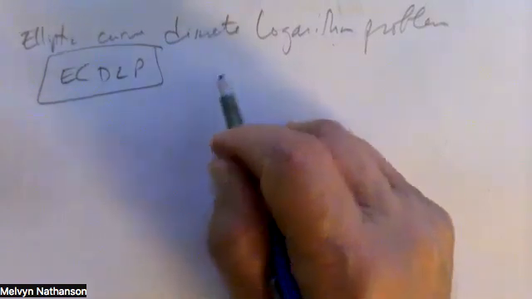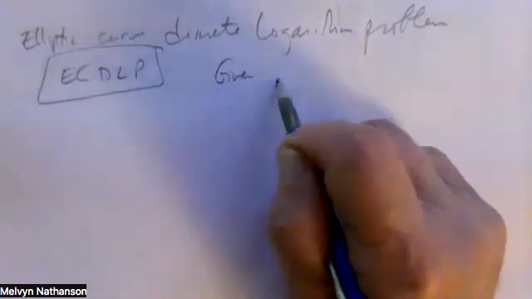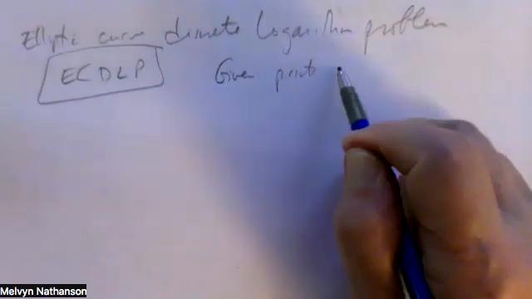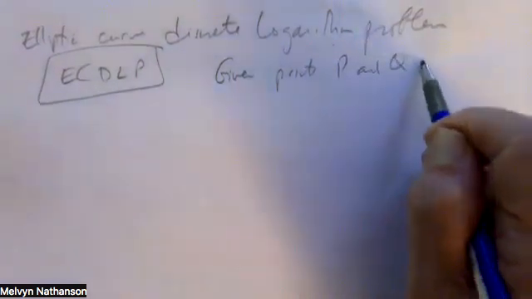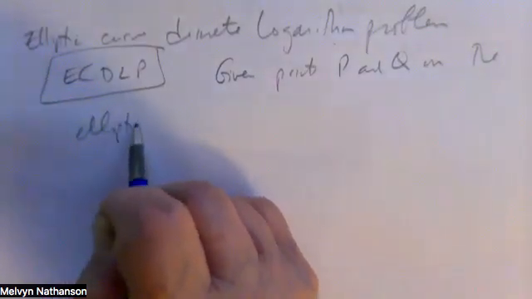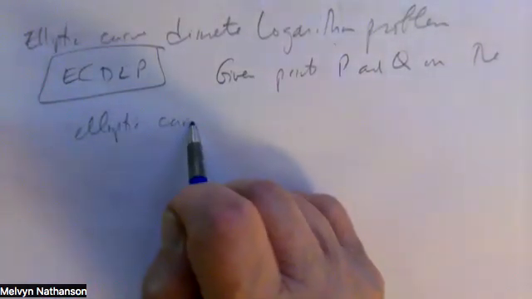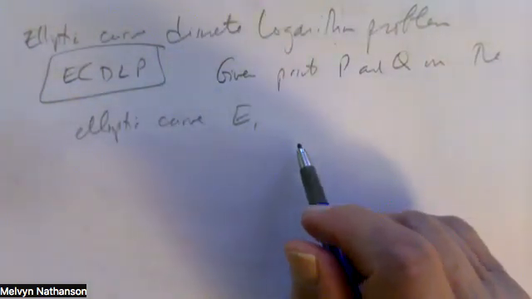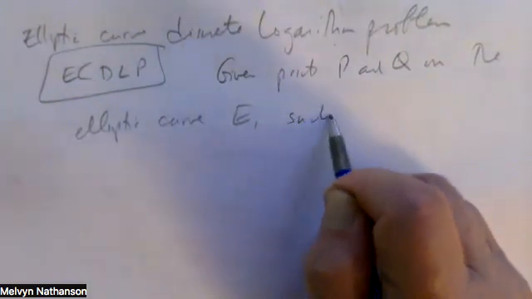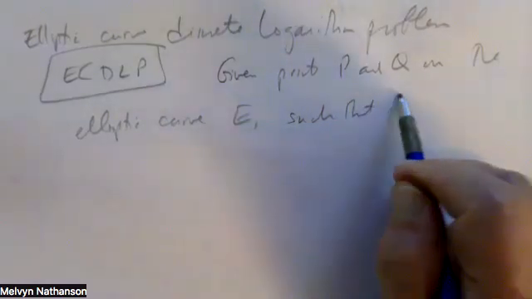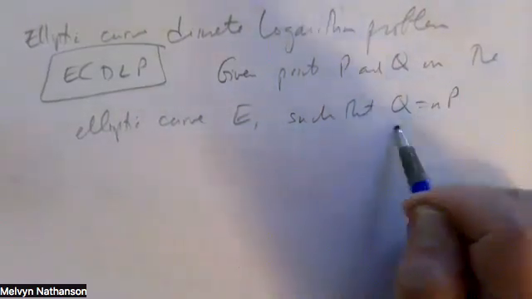So, given points P and Q on the elliptic curve E, such that Q is n times P.